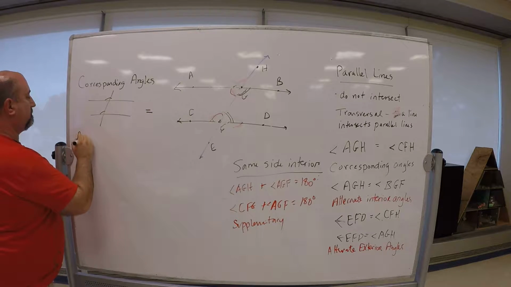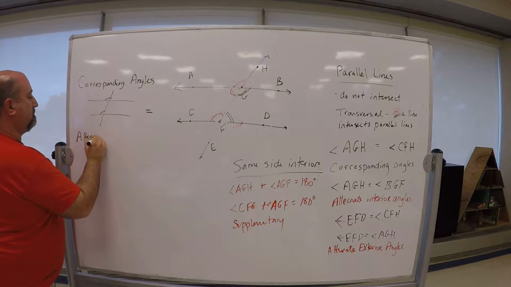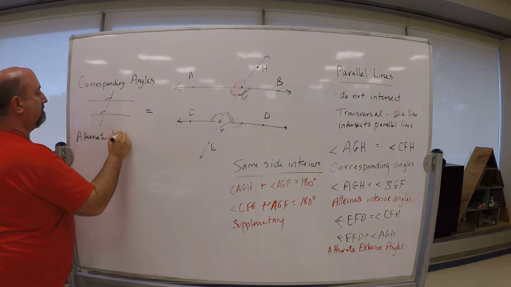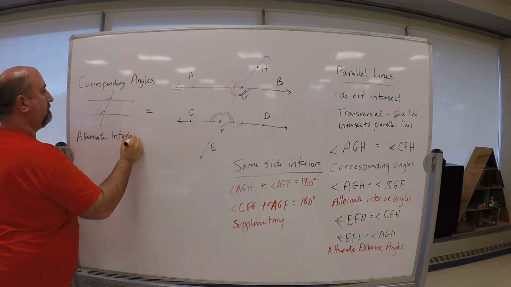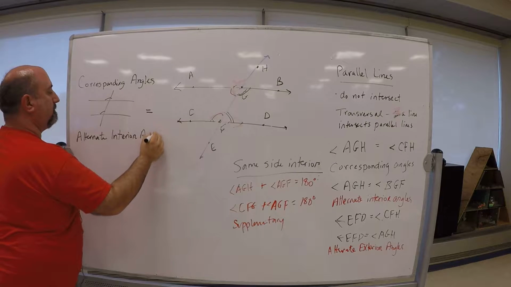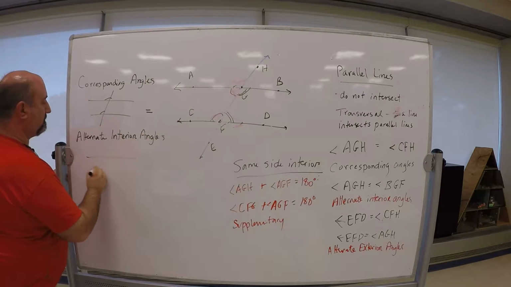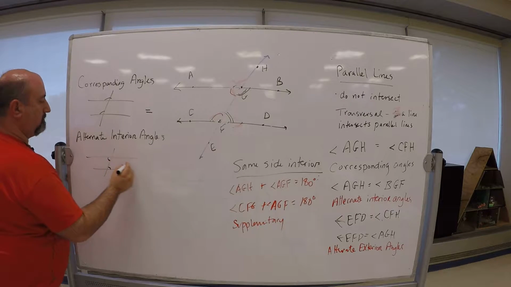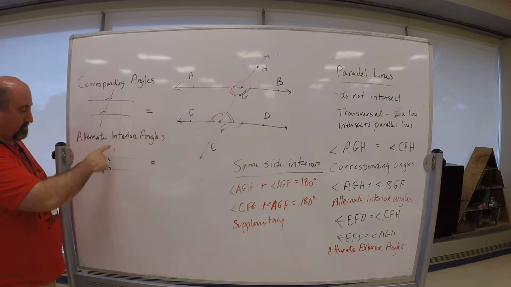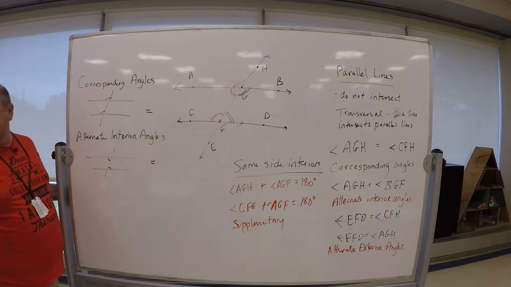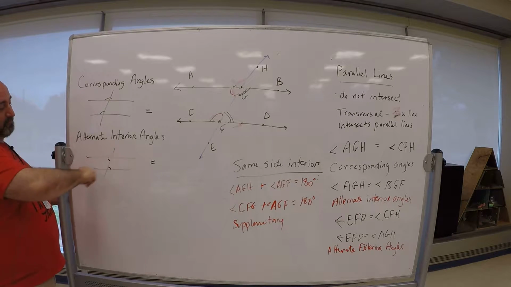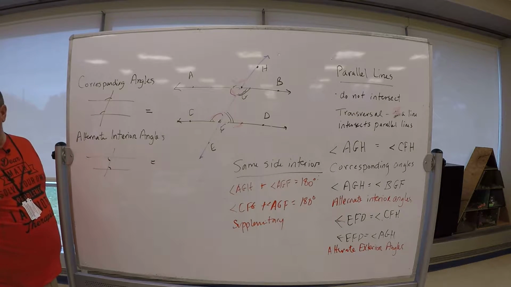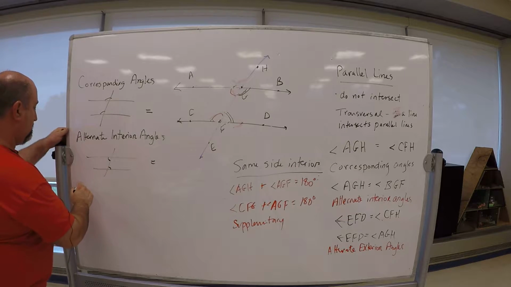We have alternate interior angles, which look like this, and they are also equal. I usually think of them like they form a Z with the parallel lines, so if you make a Z, then they're on the two angles of the Z.